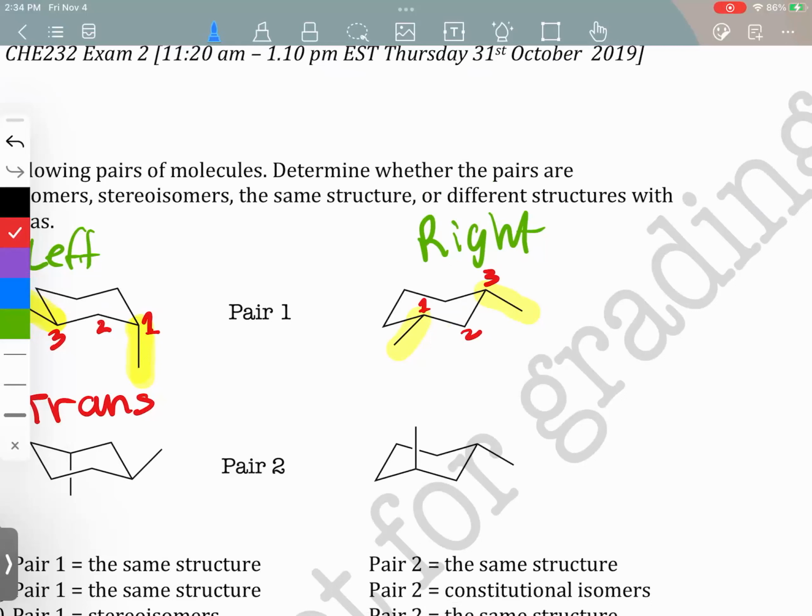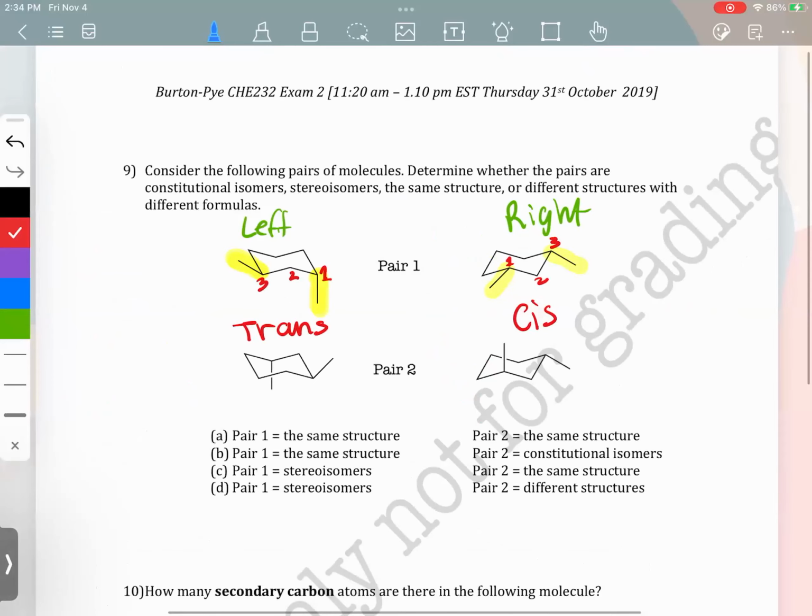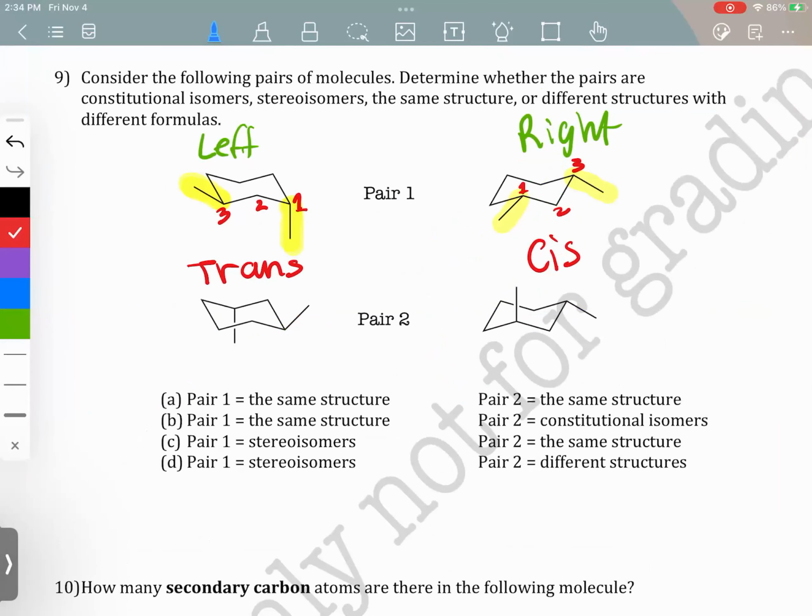One's going down left, the other one's going down right. They're both facing down, so it's cis. So pair 1 deals with trans and cis. So that means they're what kind of isomers? Stereoisomers. So we can eliminate answer choice A and B. So pair 1, they're definitely stereoisomers.